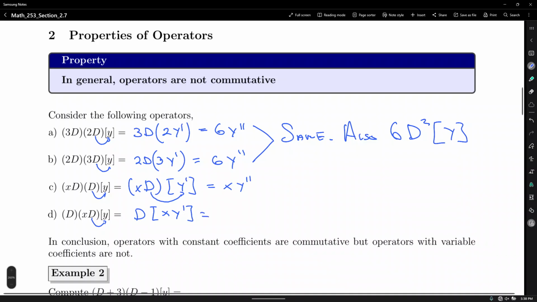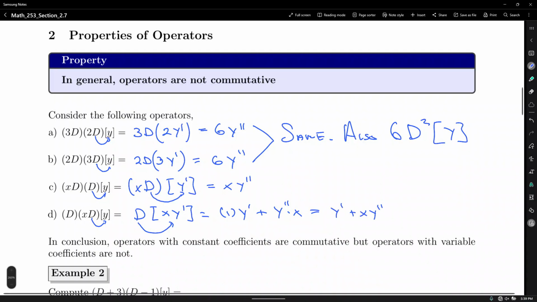Now what happens if the operator d acts on this expression? Do you guys agree that inside of the bracket we have a product of two functions of x? That y prime is the first derivative of some function of x, so this is a function of x. So we need the product rule. To differentiate this product, the derivative of x, which is 1, times y prime, plus the derivative of y prime, which is y double prime, times x. Simplifying this, it is y prime plus x y double prime.